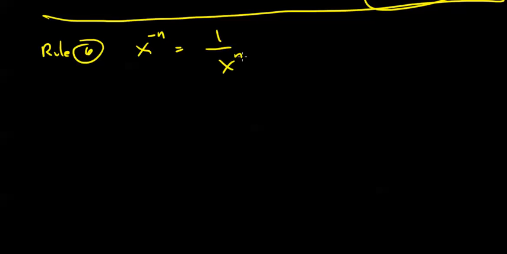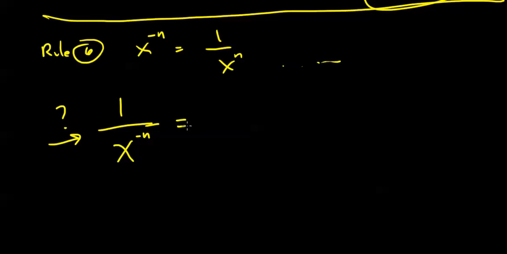We just talked about that. What about if you've got a negative exponent in your denominator? How would you simplify something like this?